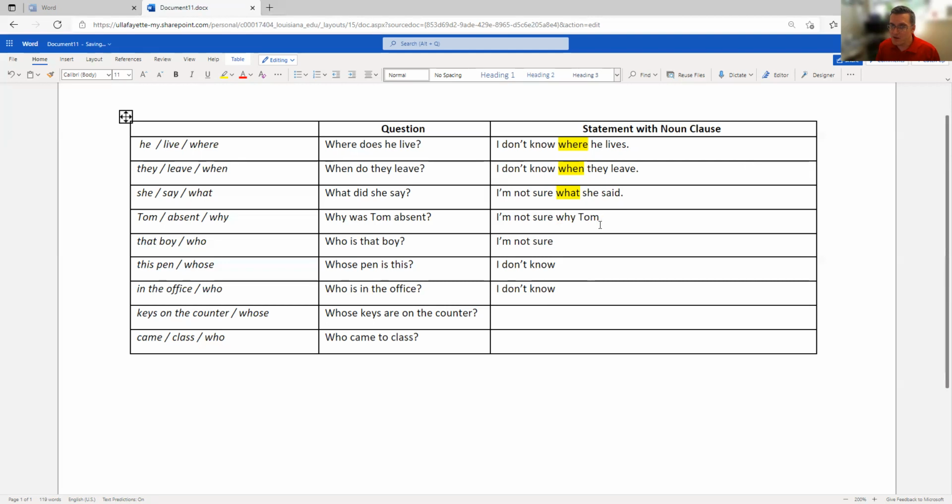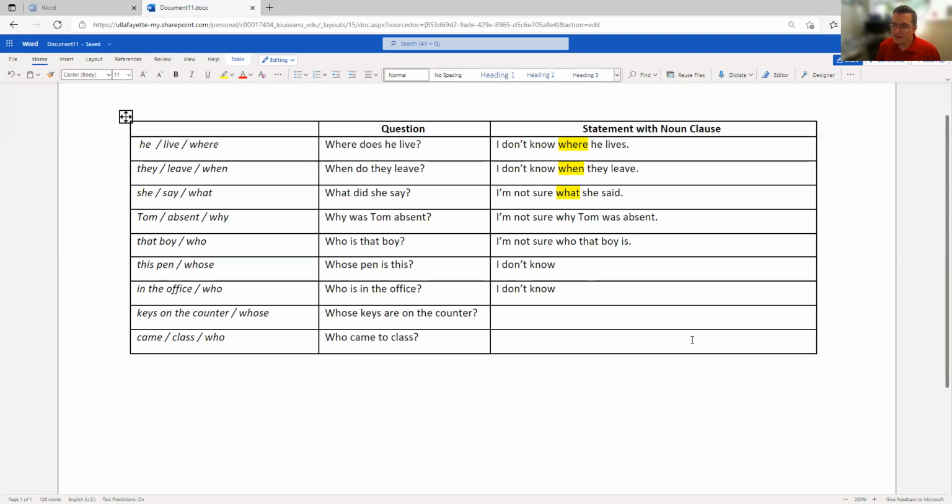Subject, Tom, verb is, all right, or was, we're past tense. I'm not sure why Tom was absent. Okay, how'd you do? Good? Now, who is that boy? I'm not sure who, subject, that boy, verb is. Okay, I'm not sure who that boy is.